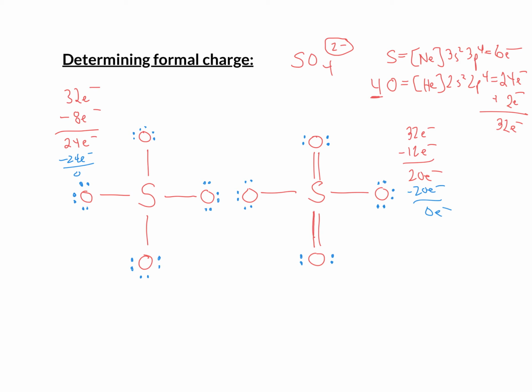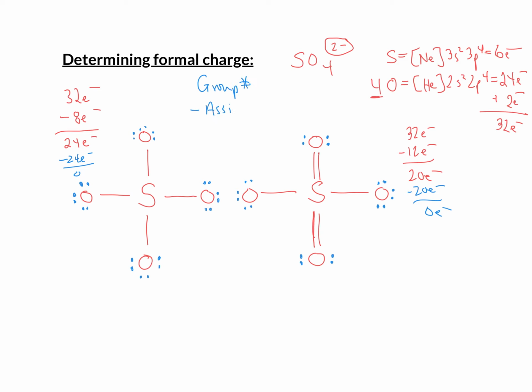For that, we have to determine and assign formal charge. Formal charge, we're going to determine by taking the group number and subtracting the number of assigned electrons.